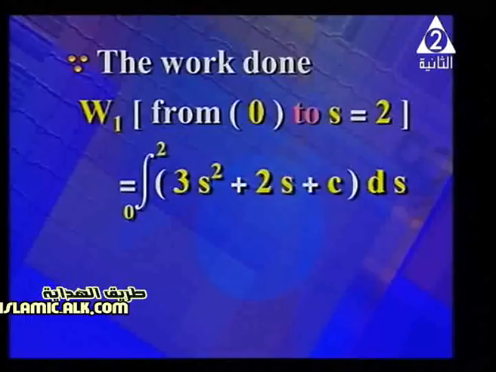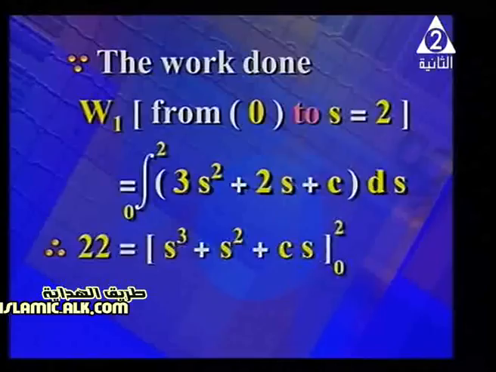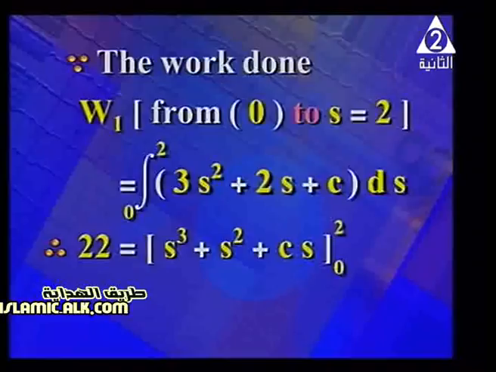What is the integration of 3s squared? s to the power 3. What is the integration of 2s? s to the power 2. What is the integration of c? cs. After that, the integration of s^3 plus s^2 plus cs from 0 to 2 equals the work done, which equals 22.